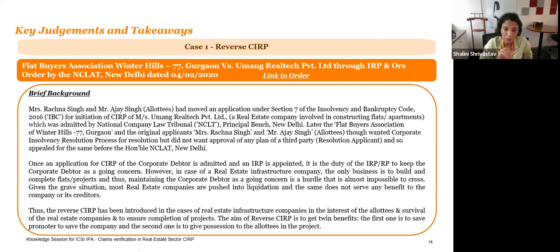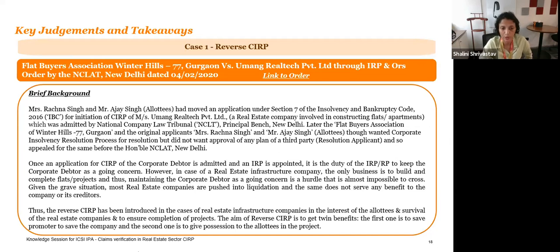Once an application for CIRP of the corporate debtor is admitted and an IRP is appointed, it is the duty of the IRP or the RP to keep the corporate debtor as a going concern. However, in the case of a real estate infrastructure company, the only business is to build and complete flats or projects, and thus maintaining the corporate debtor as a going concern is a hurdle that is almost impossible to cross.